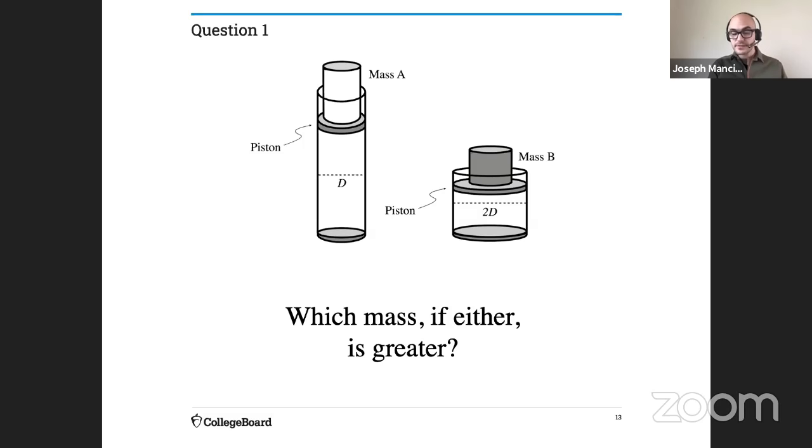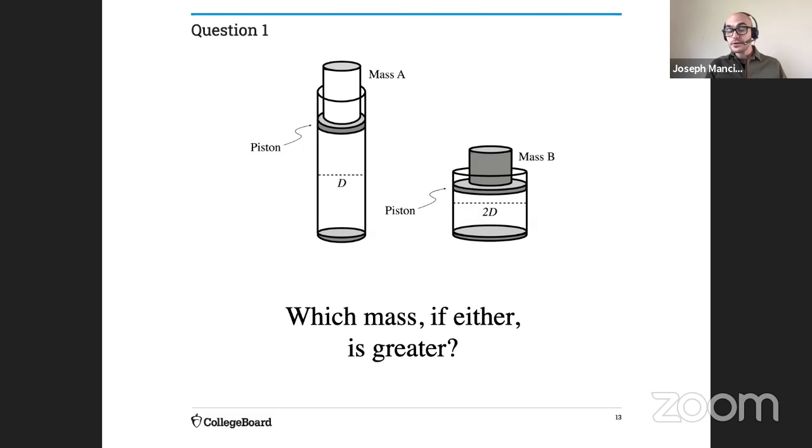Somewhere in your justification, I really was hoping to see something about the relationship between pressure, force, and area. So something like, pressure is force divided by area, or P equals F/A, or because the pressures are the same, the ratio of force and area is the same.